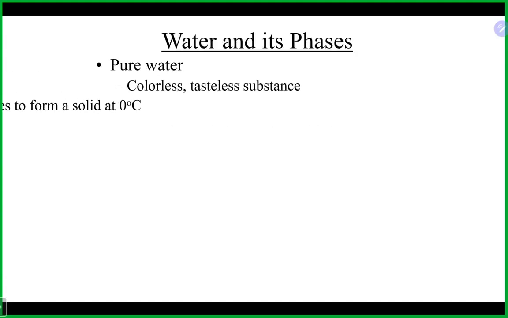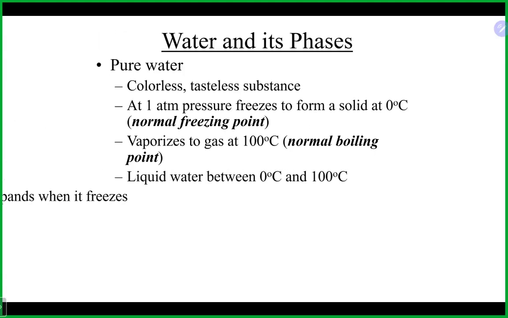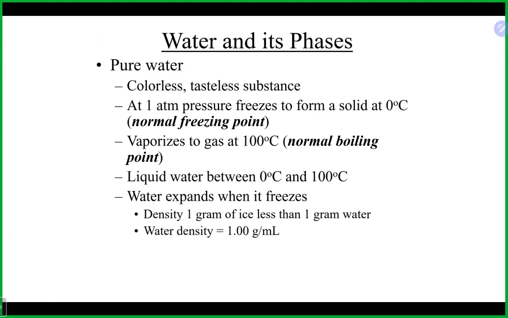So let's talk a little bit about water. Water obviously is colorless, tasteless, and at one atmosphere, it will freeze at 0 degrees Celsius, and the normal boiling point of water is 100 degrees Celsius. We have basically liquid water happening between 0 and 100 degrees.